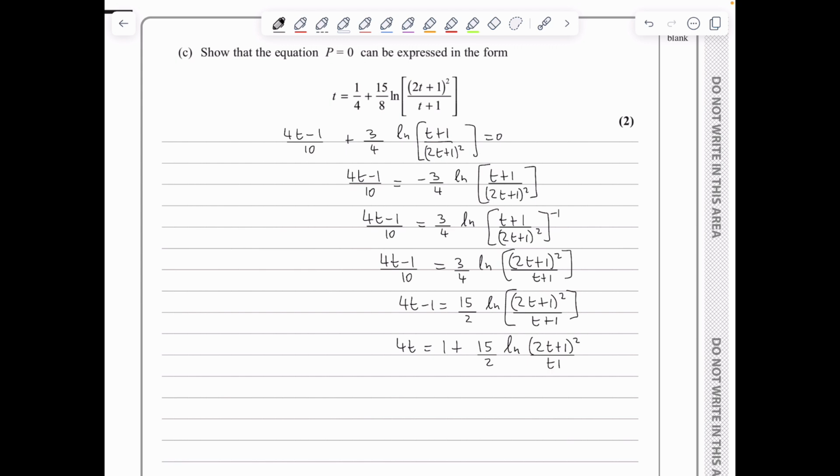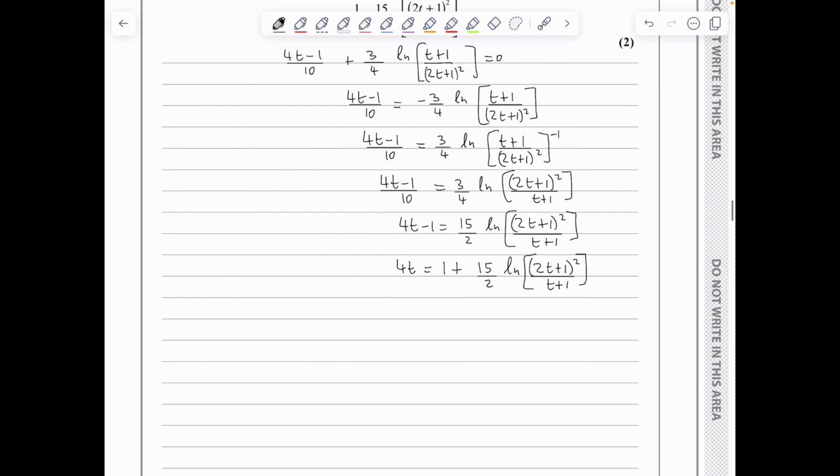And the final thing to do is, of course, to divide throughout by 4 to isolate t. So we get that t is a quarter plus 15 over 8 ln of (2t plus 1) squared over (t plus 1), so as required.